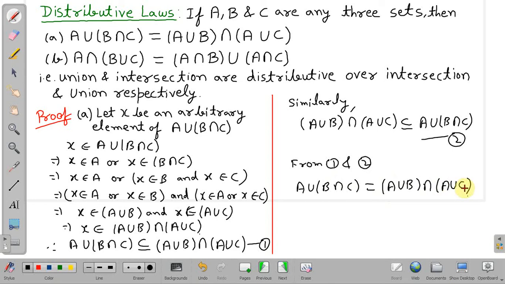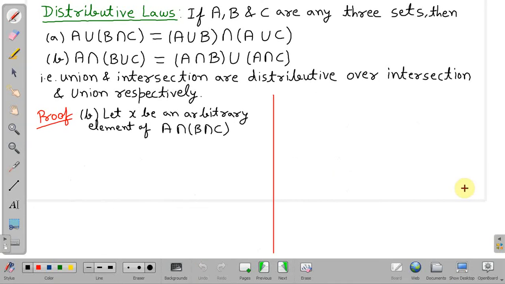Now we will discuss the proof of the second law, that is A intersection (B union C) equal to (A intersection B) union (A intersection C). So here also we will follow the same method. We are assuming x is any element of A intersection (B union C).